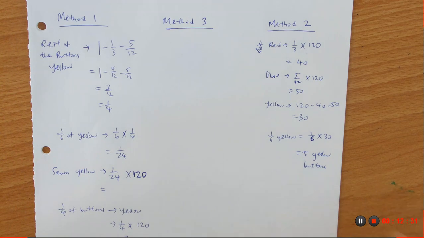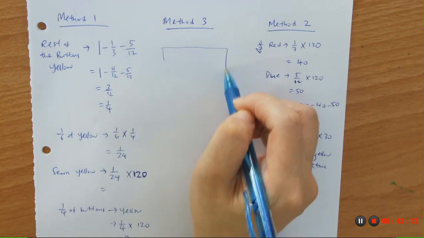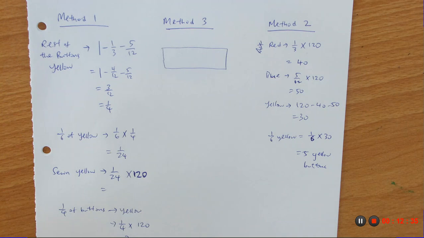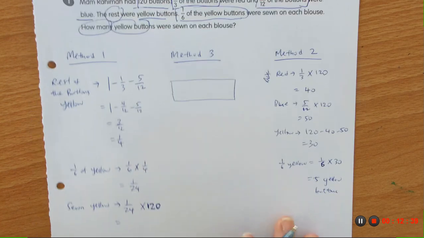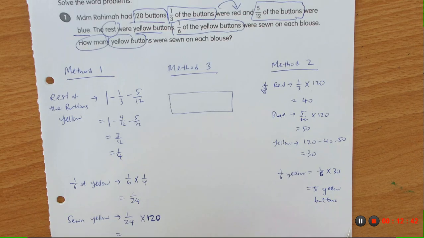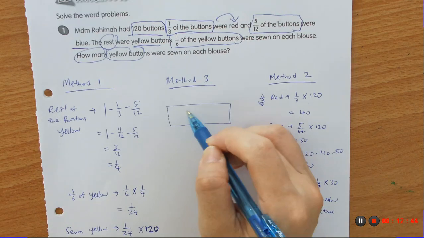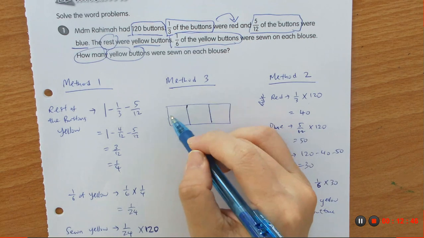Method 3. Draw a model. All the buttons, I have to cut into thirds. This whole thing is red.